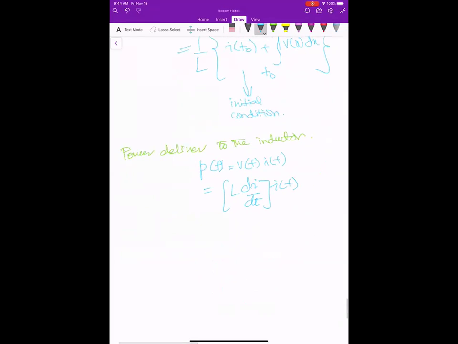These expressions are almost the same as what we have seen in the capacitor.